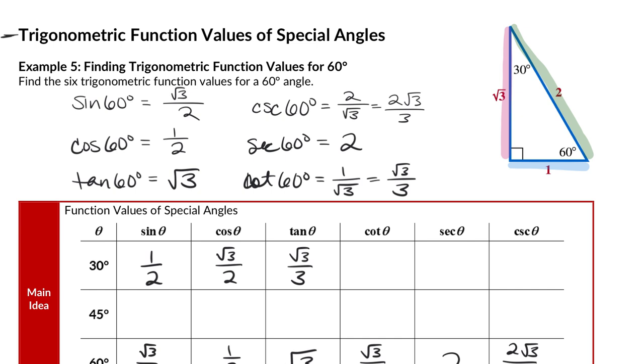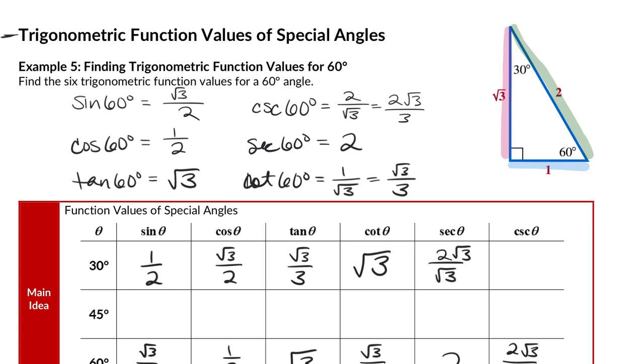Cotangent of 30 degrees is the adjacent over the opposite. So that would be square root of 3 over 1. Secant of 30 degrees is the hypotenuse divided by the adjacent, so that would be 2 over square root 3, but I can't do that.